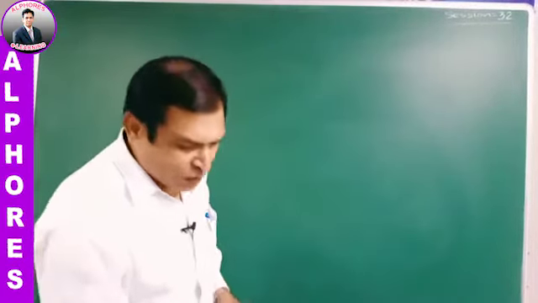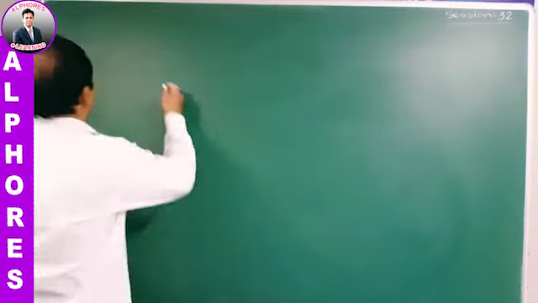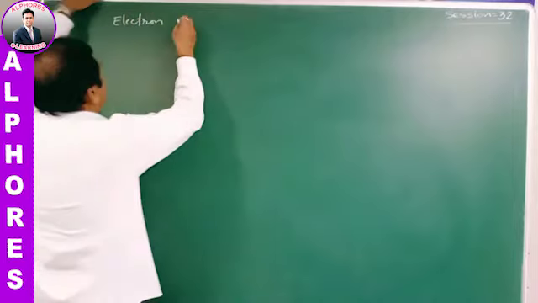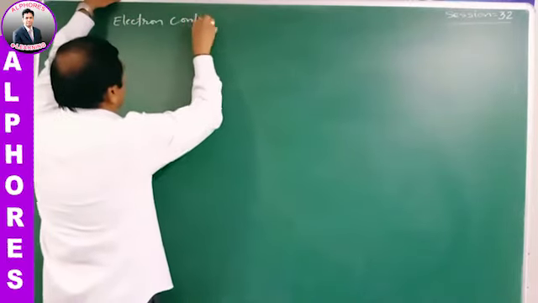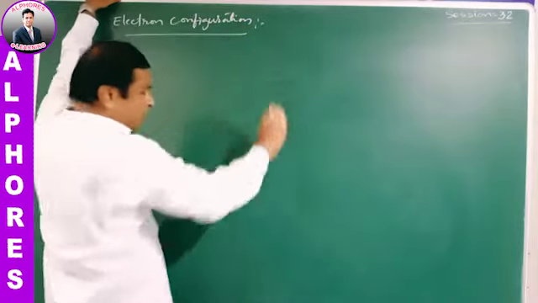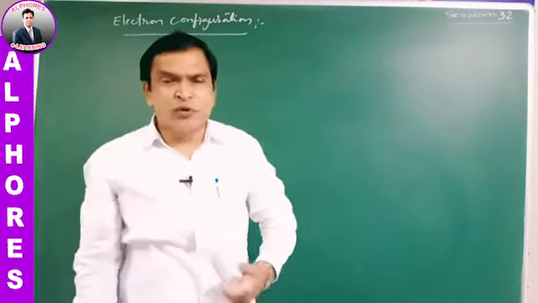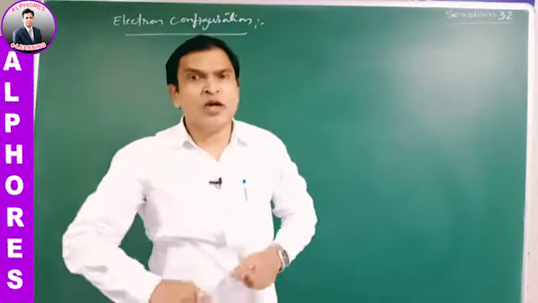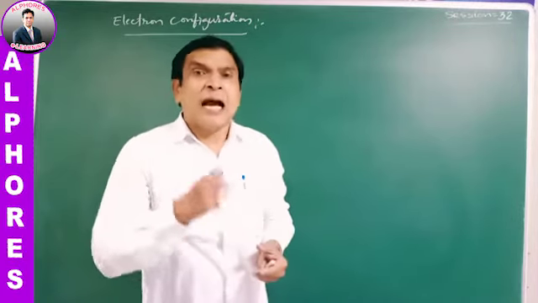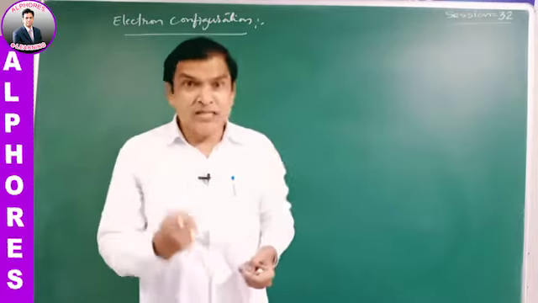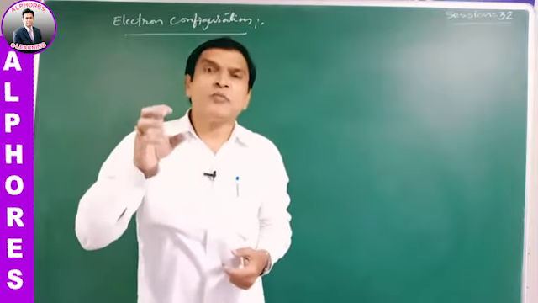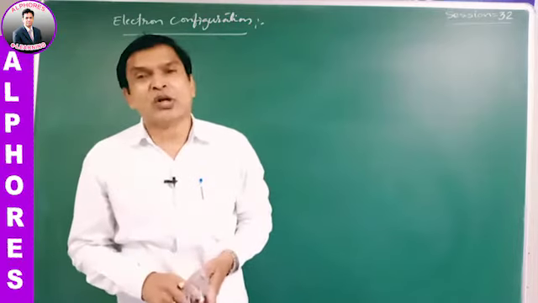The definition of electron configuration: the systematic distribution of electrons among the atomic orbitals based on some arbitrary rules is called electron configuration.